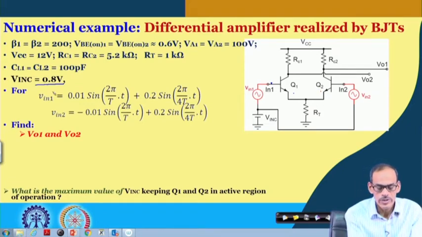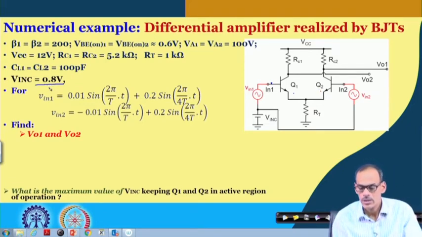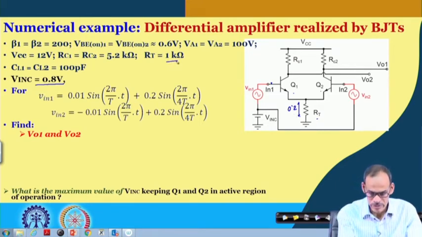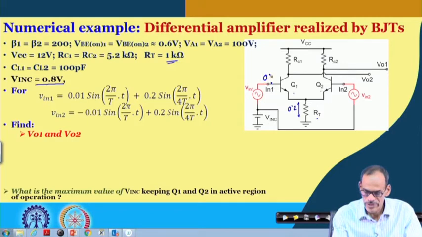So, here we are just taking 0.8, so that the drop across this resistance is only 0.2. So, if the voltage here is only 0.2 and RT is 1 K and the DC voltage here is 0.8, which is given here.